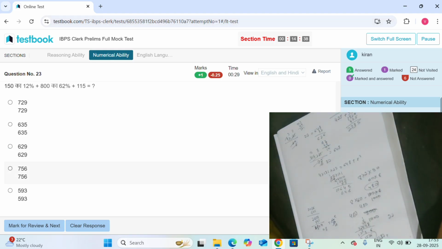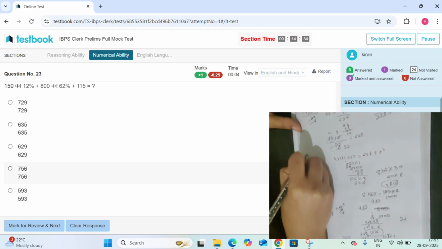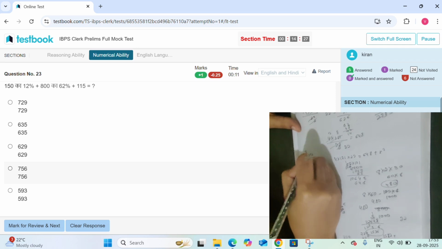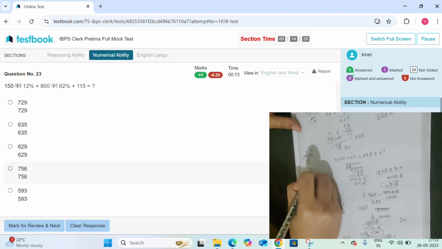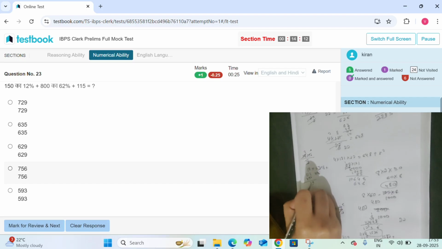Yes. 150 into 12%, okay. 18 plus 62 into 8 plus 115, that is 496, and so on, 629.